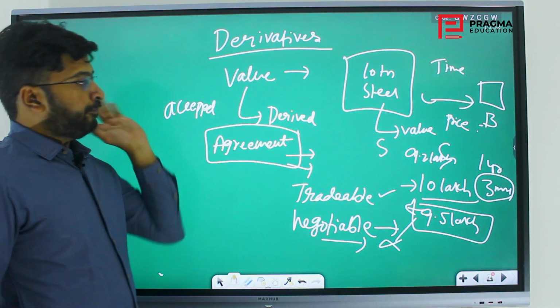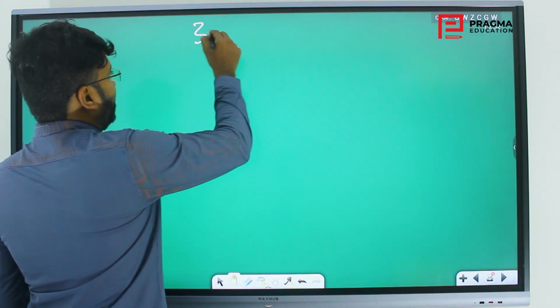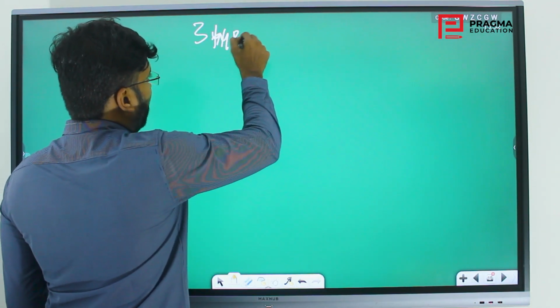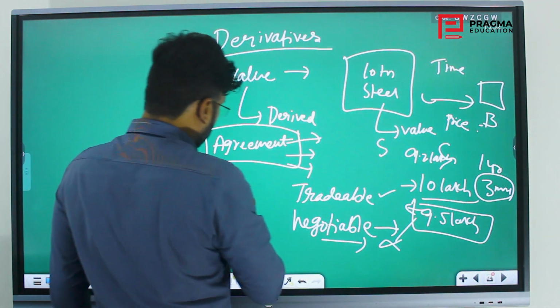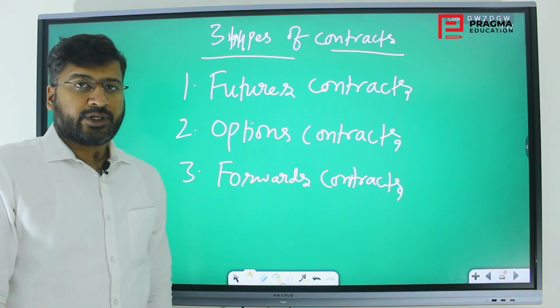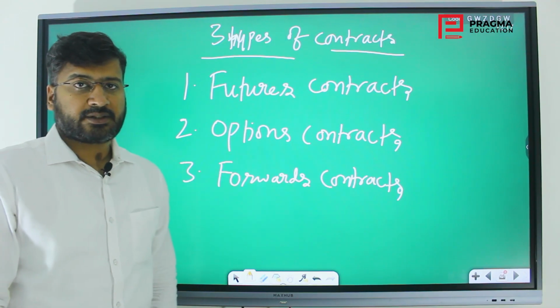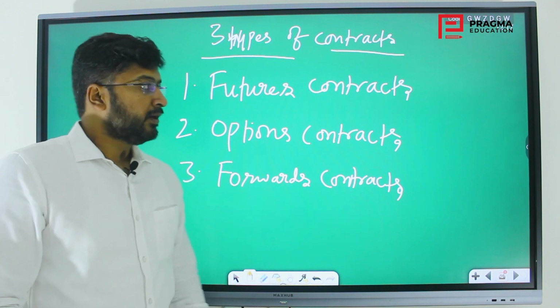So these are derivatives. There are 3 types of derivatives contracts, or as we have seen, these kinds of agreements I have told you are also called contracts. Let us look into the 3 types of contracts, or the 3 types of derivatives which exist.